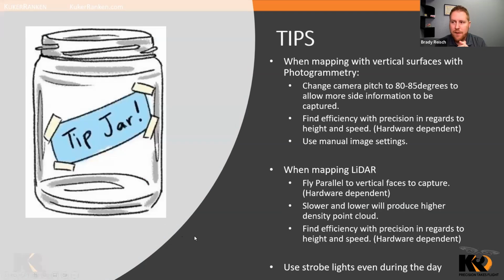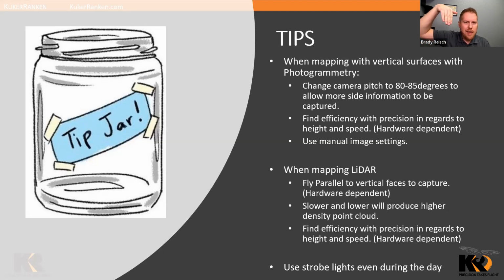So, a few tips that I'd like to go ahead and mention. Number one is when you're mapping with vertical surfaces and using photogrammetry, you don't have to, but I would highly suggest to change your camera pitch to about 80 to 85 degrees to allow more information to be captured on the side of the building. So if we think about that, with nadir, we're shooting straight down.